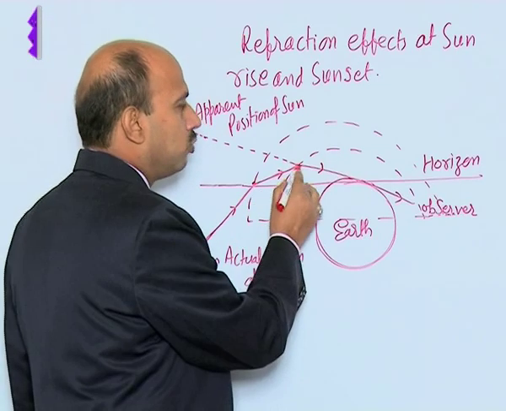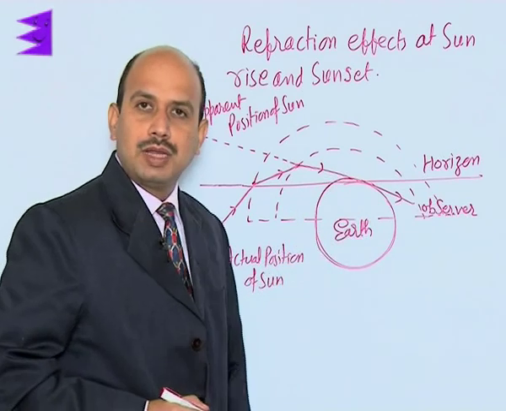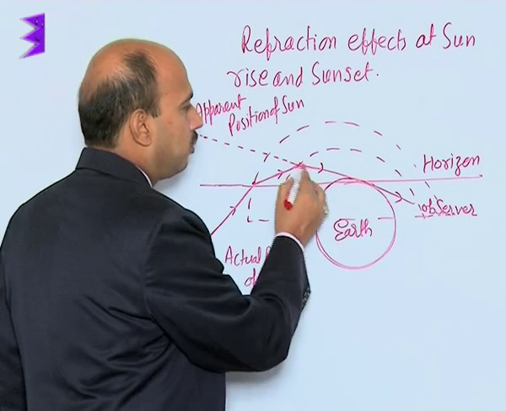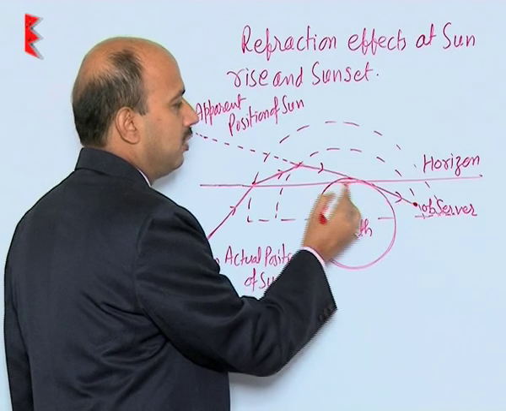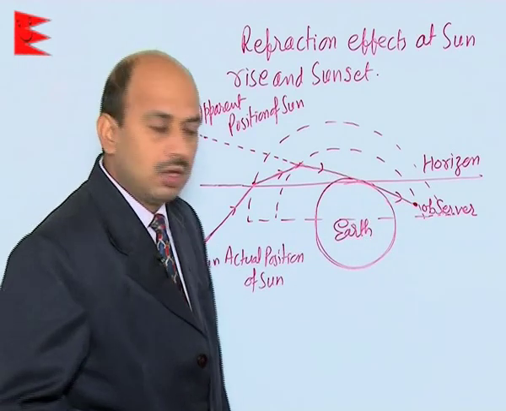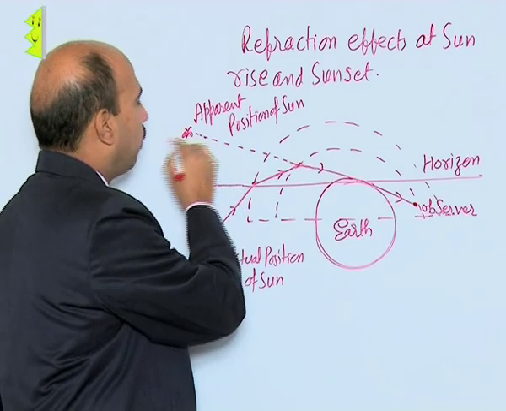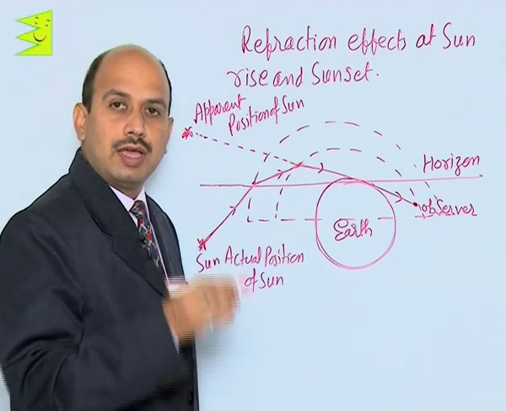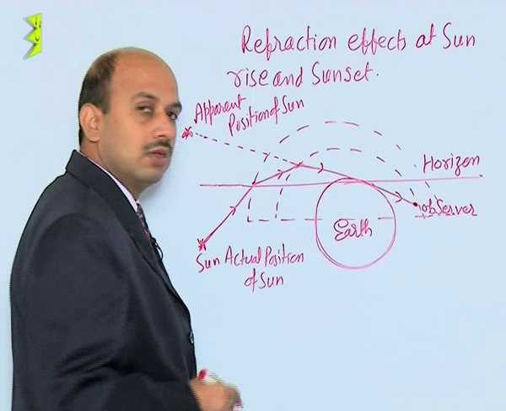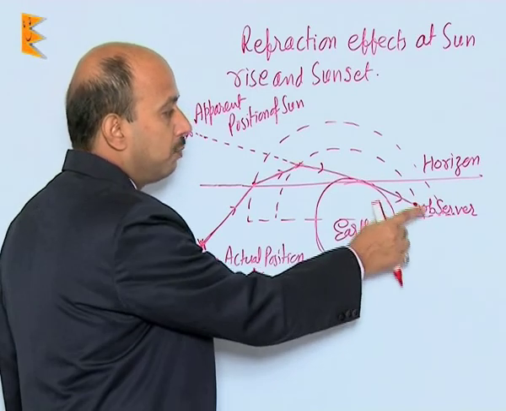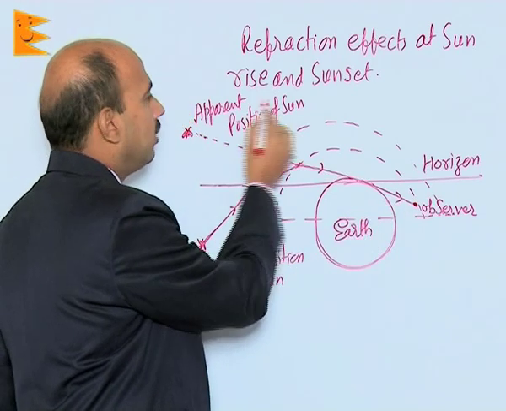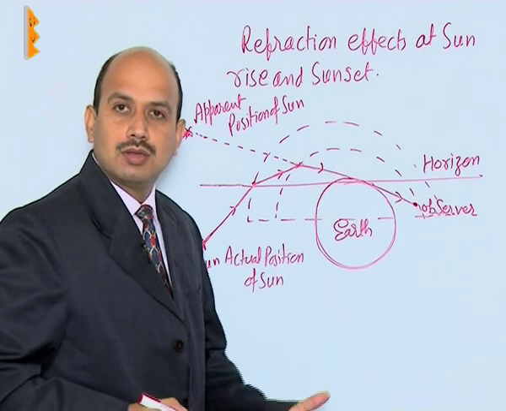Then in another layer also they get refracted because they are travelling from rarer to denser medium, and the ray reaches the observer like this. When this ray is produced backward, the position of the sun is formed over here. So, actually the sun is below the horizon, but for the observer it is seen at this point, that is the apparent position of the sun.